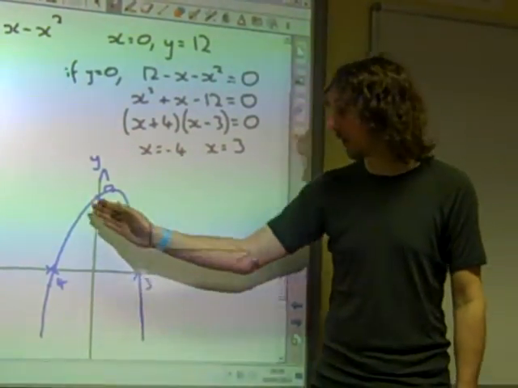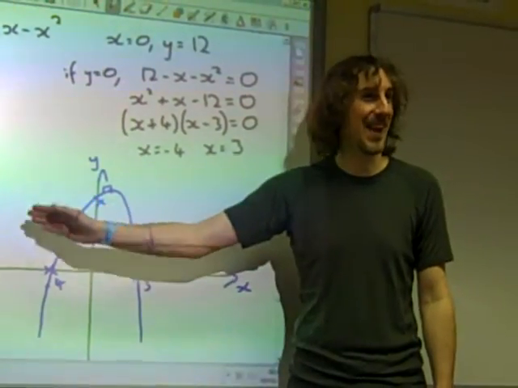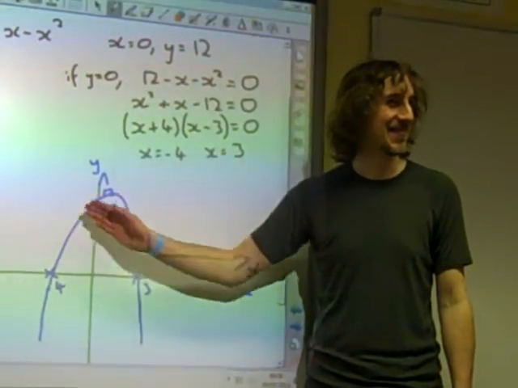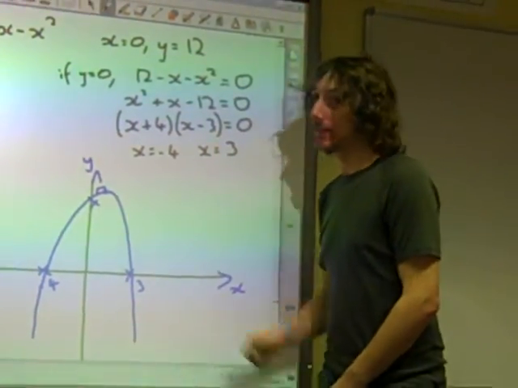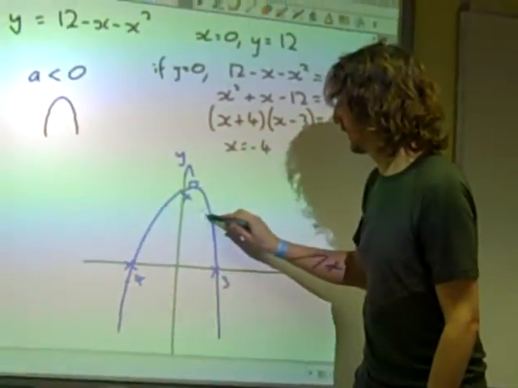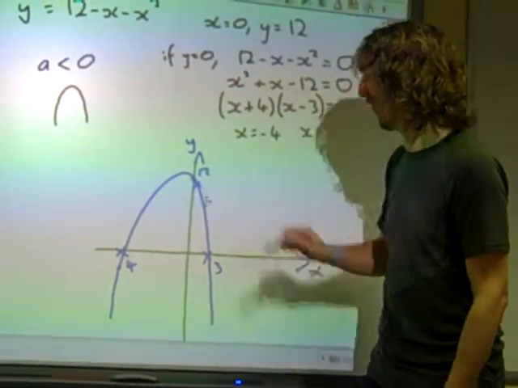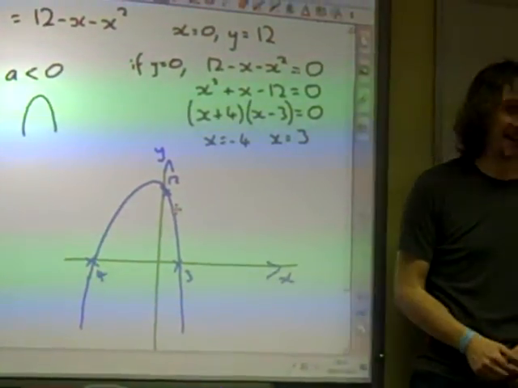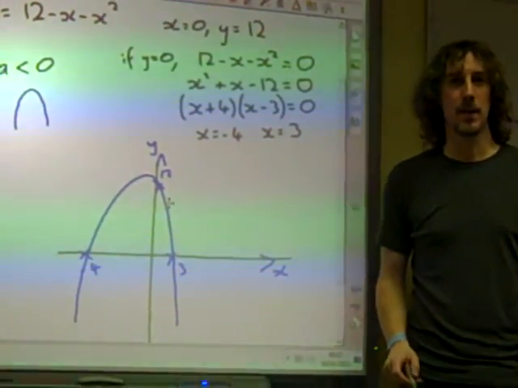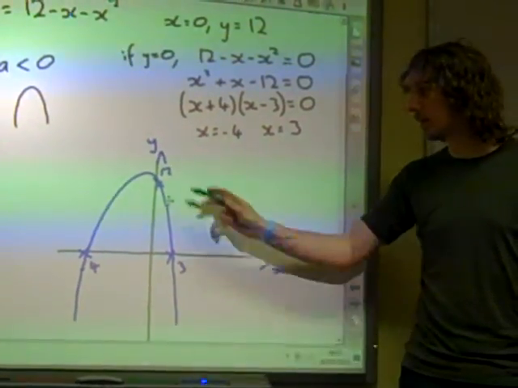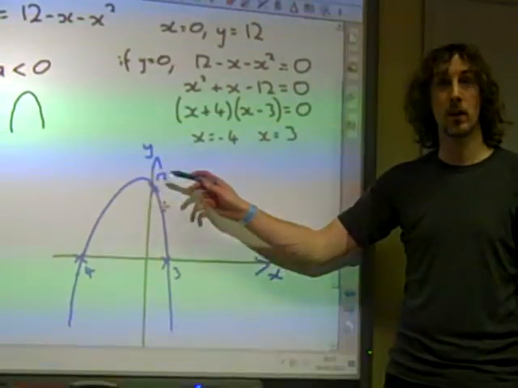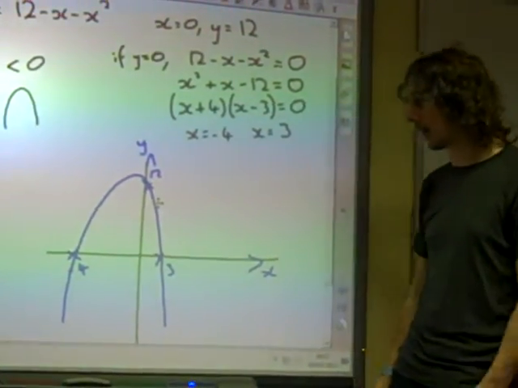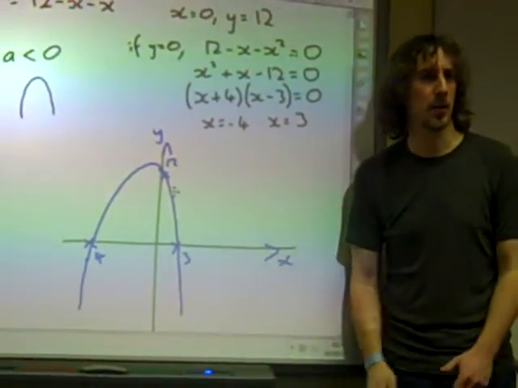There's more of the curve over on the left than there is on the right. Oh, look at that. So it would actually look more like that, wouldn't it? But the key thing is that we don't have a maximum point at 12 because it wouldn't be. Have I got away with that? I pretty much have. Yeah, go on.